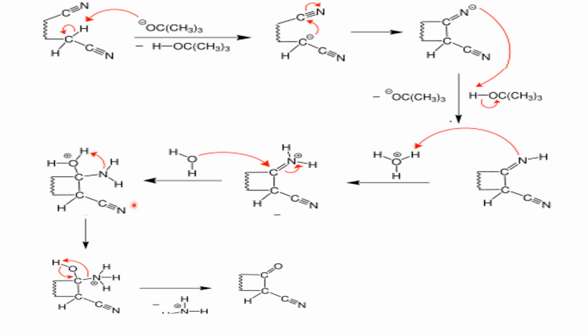So NH3 will be eliminated out. And shifting of the OH bond results in the formation of cyclic cyanoketone. See, cyclic cyanoketone. Take down.